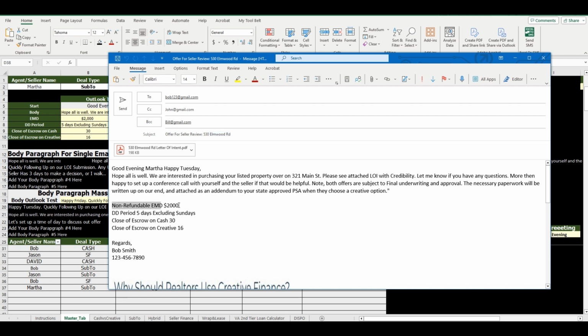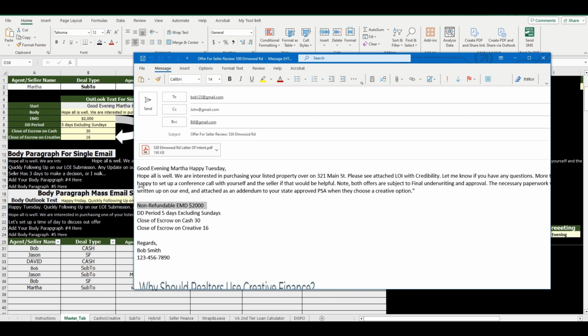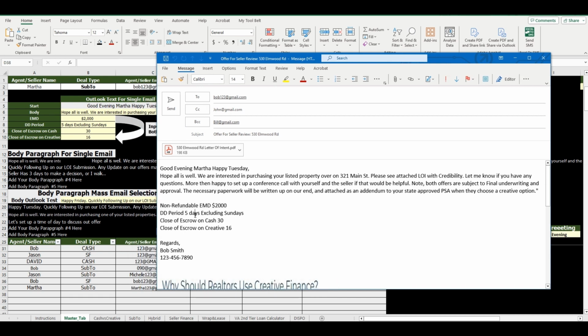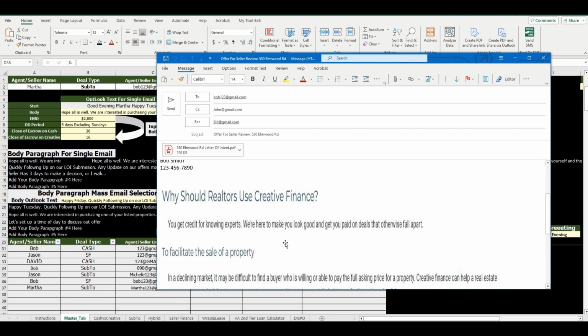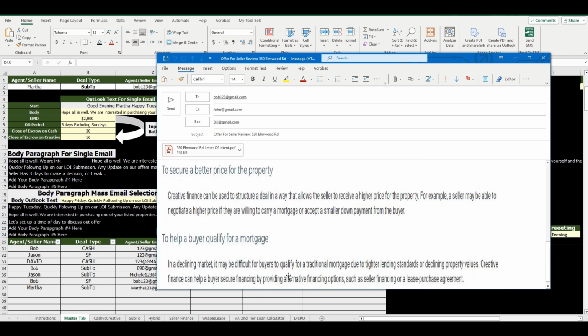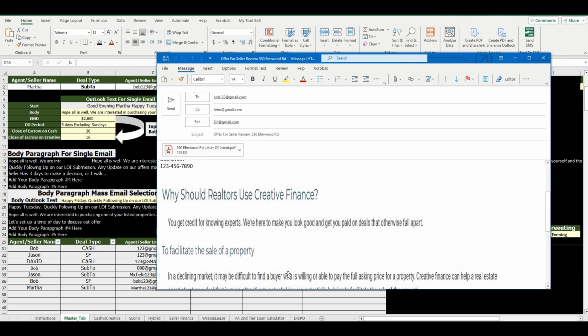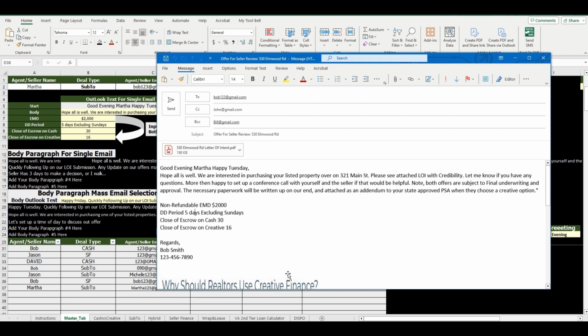We've got our shared input variables of $2,000, 5 days for the DD period, excluding Sundays, which you can see here, 30 days to close, class of escrow, 16 days. There's an embedded picture here that you can also change at any point in time. This just happens to be part of the template. And so now we are ready to send out the email.